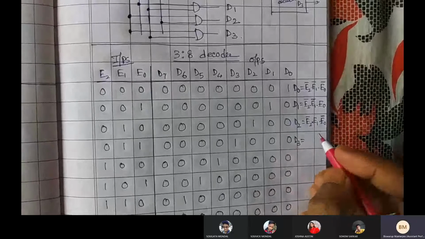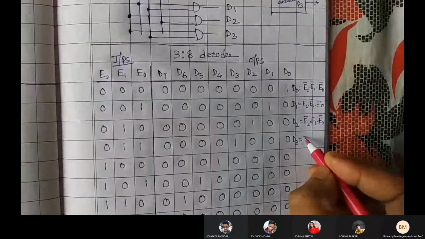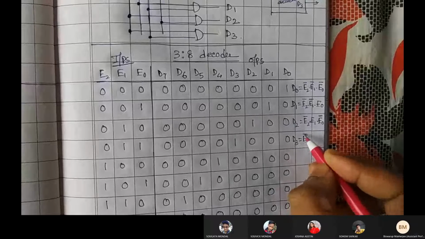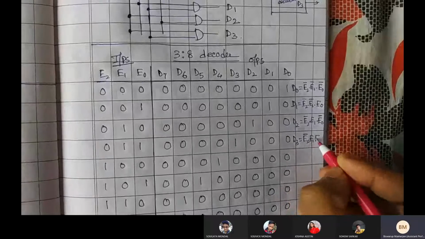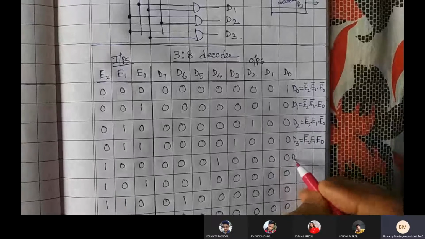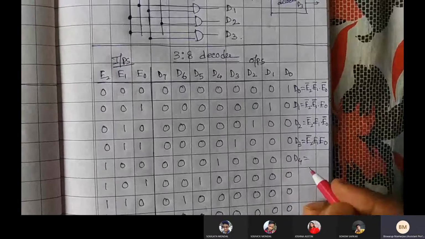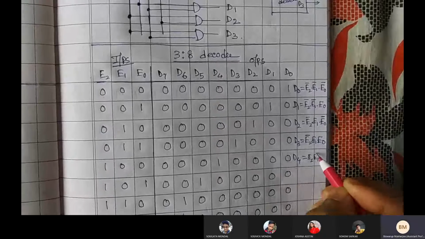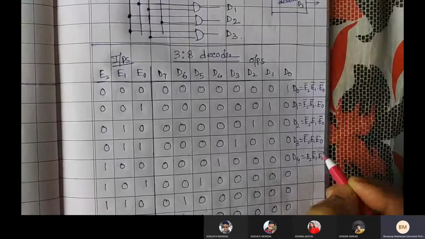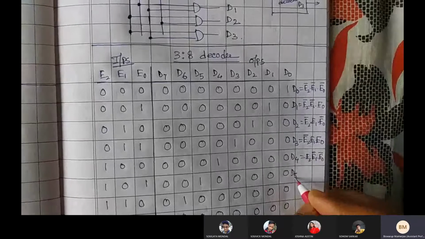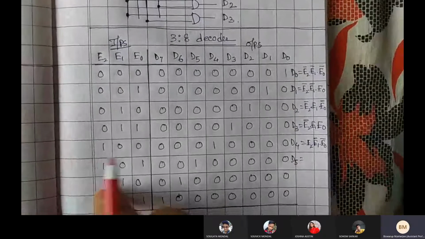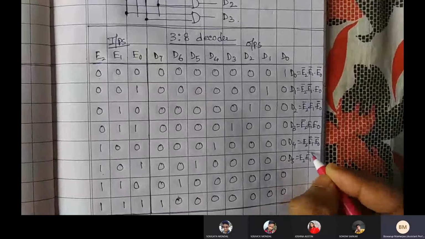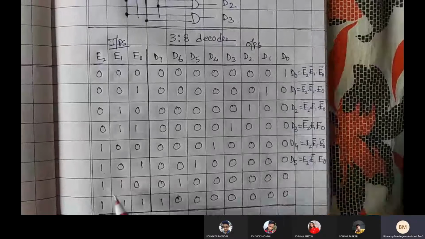D3 is equal to E2 bar, E1, E0, right? D4 is equal to E2, E1 bar, E0 bar, right? D5 is equal to E2, E1 bar, E0, right?